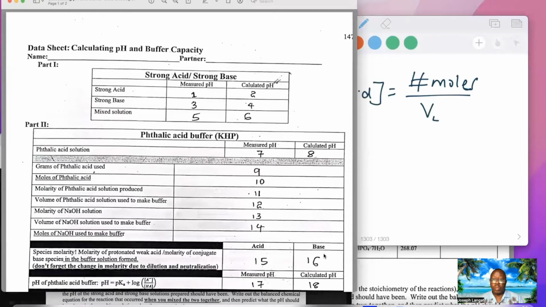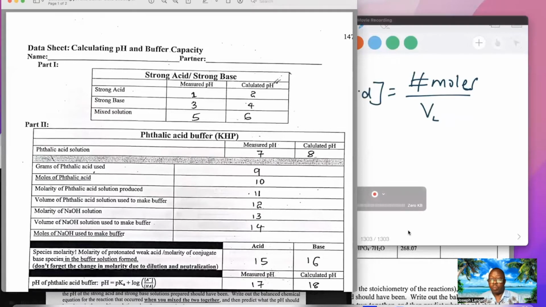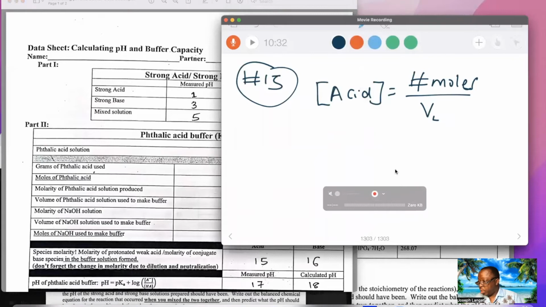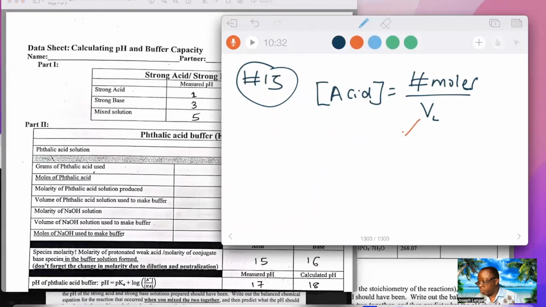At this point, the total volume is 60 ml, which equals 0.060 liters.